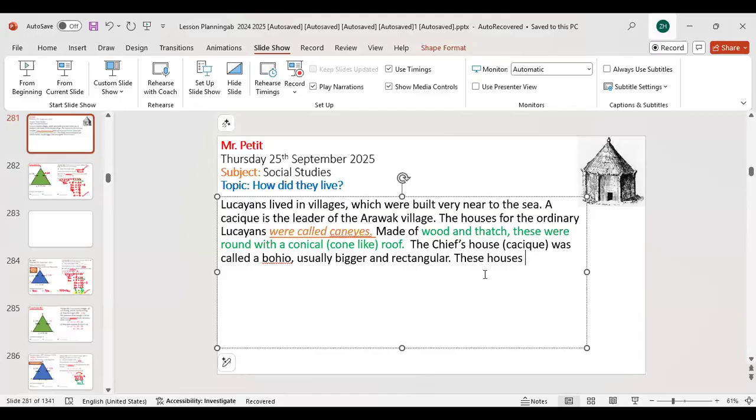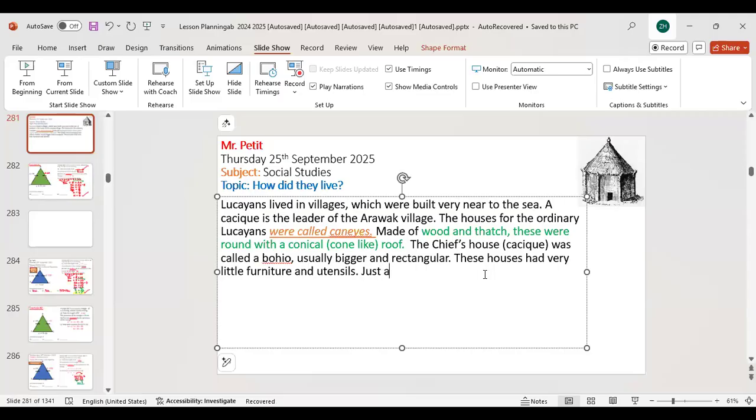These houses had very little furniture and utensils, all right?